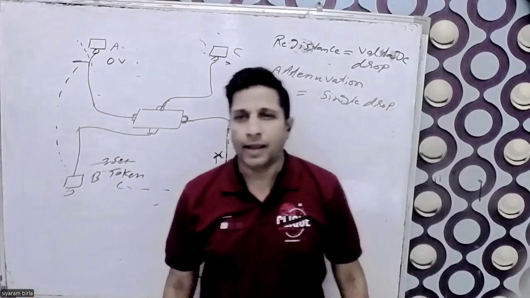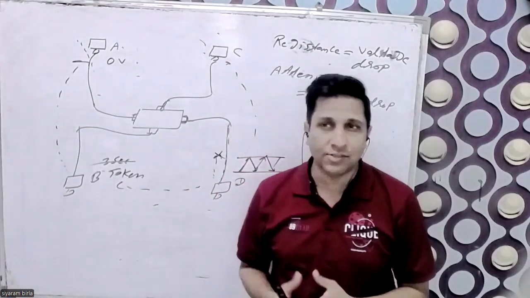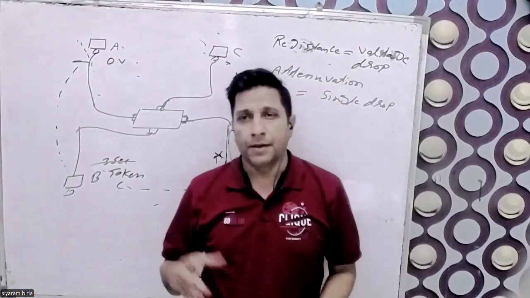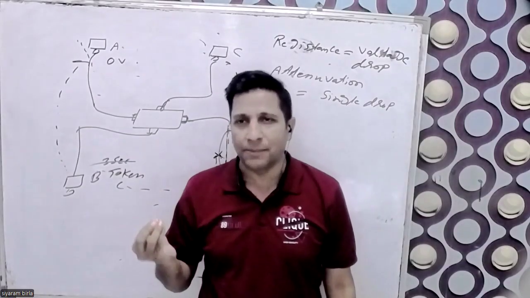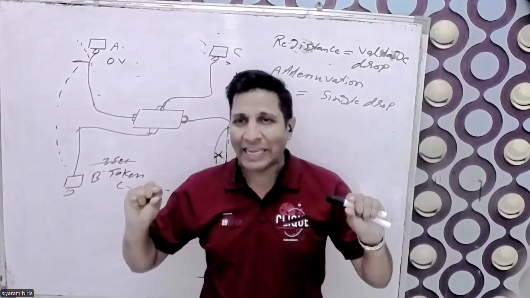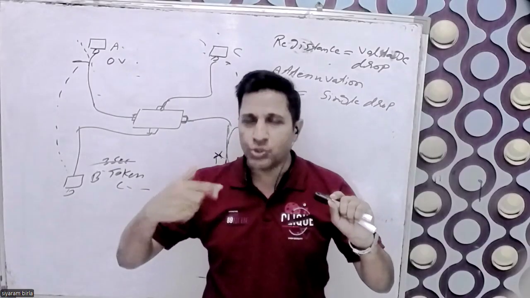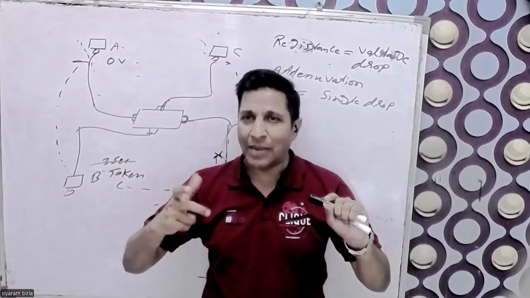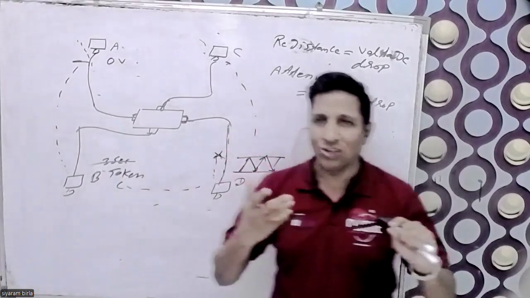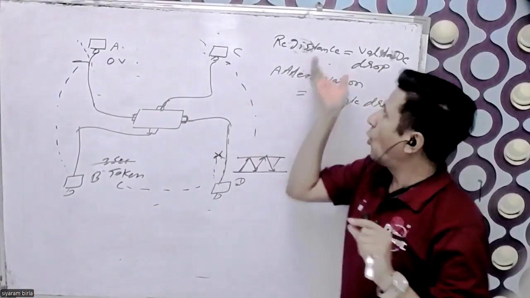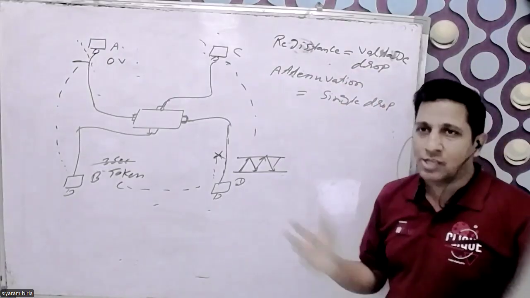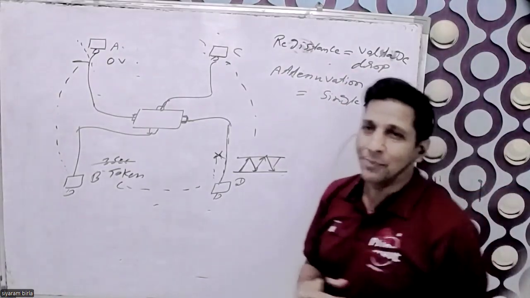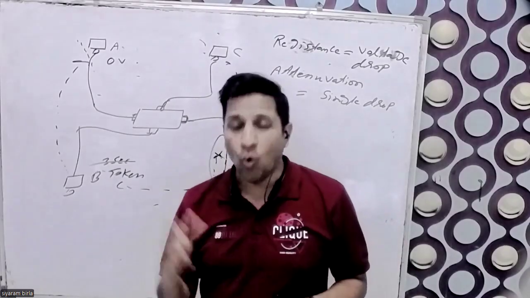Morning all. As I discussed in the last lecture about the bus topology, there is a resistance problem in the bus topology. Whenever any cable is there, due to the twist of the cable, a magnetic field is generated, and due to that a voltage drop takes place, and resistance comes into the picture.